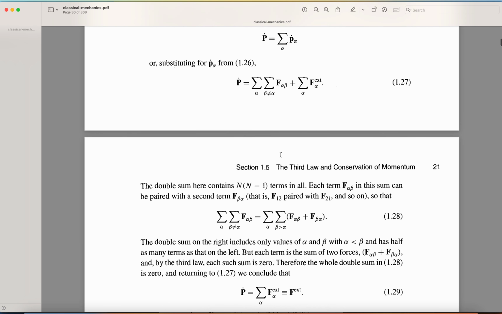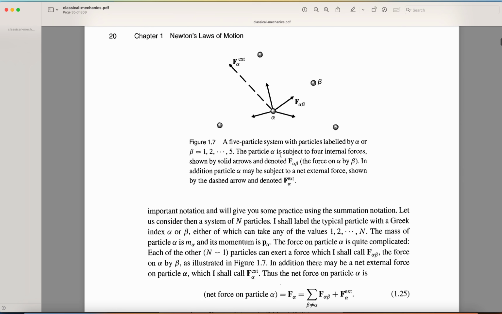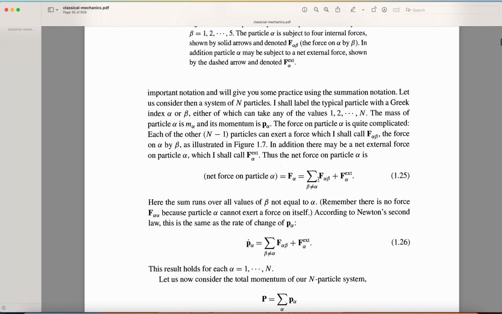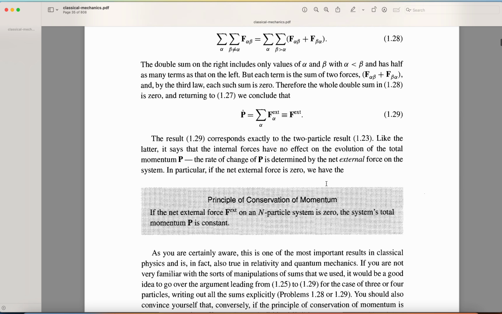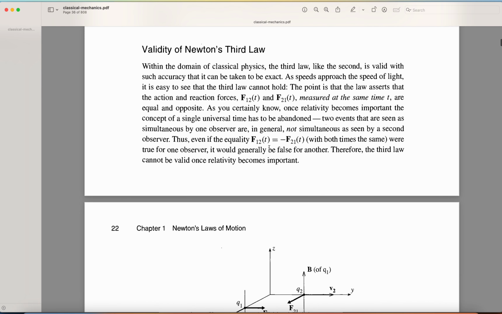Again, one thing that is important to know is that F12 or F21 or F alpha beta is dependent on time also. I tend to forget that is a thing.